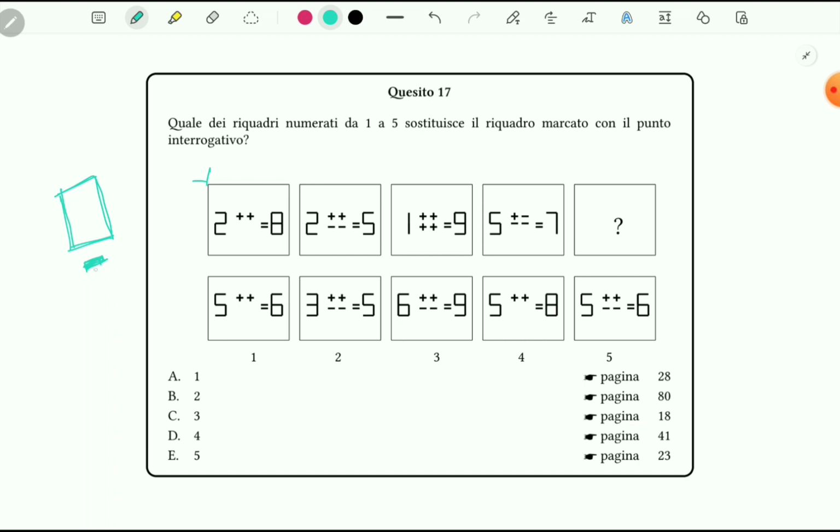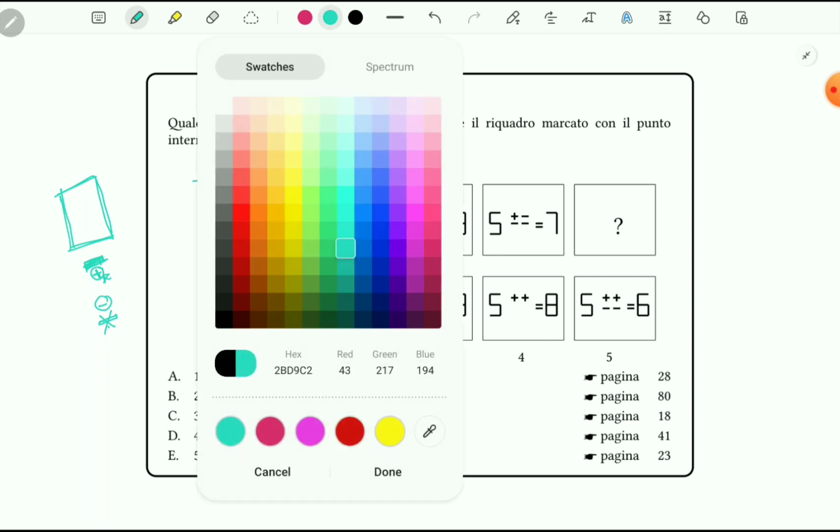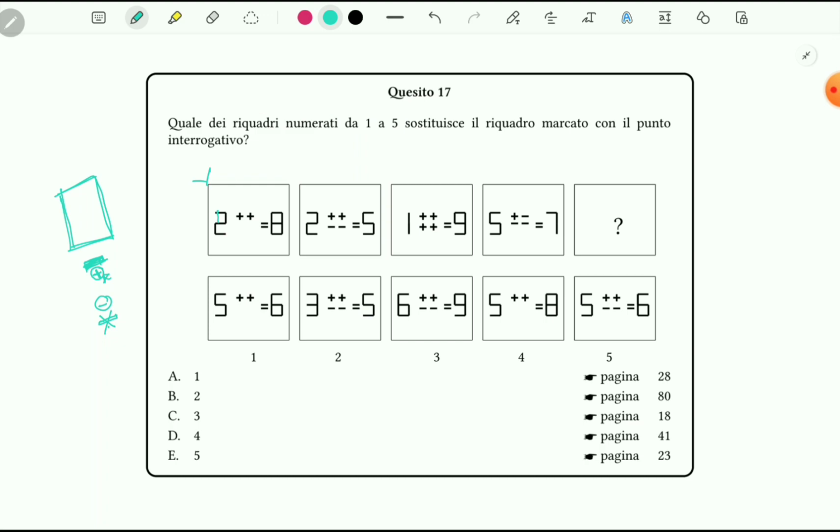So how about considering that a positive sign means we need 1 bar, and a negative sign means we need to remove 1 bar. Okay, let's think like this. So in these cases, for the first square, if we just use 2 bars, I will use black color for this case so that you understand well.